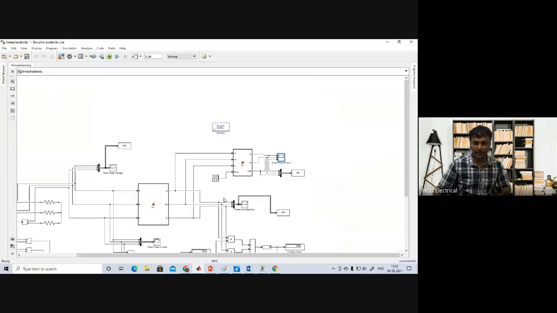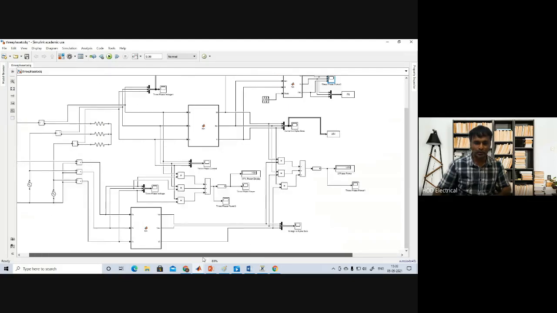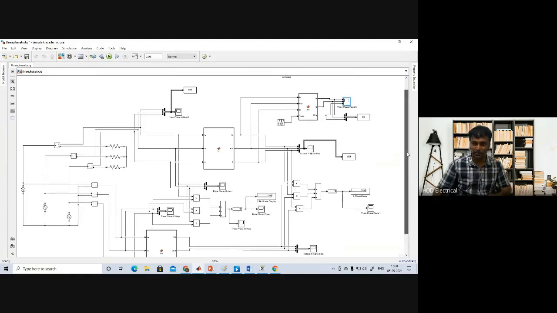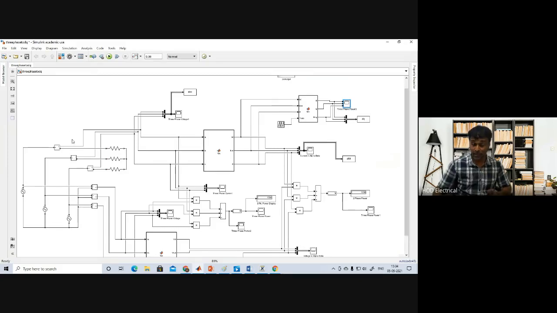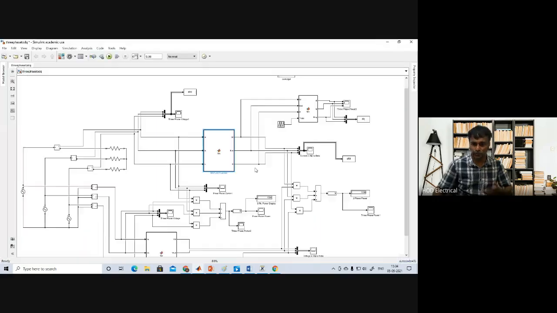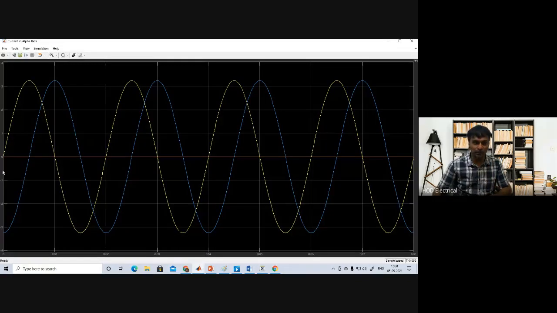Already in the previous lectures I have explained how I am taking the three-phase supply to the resistive load, and taking the current, which I connect to the current measurement. I am using this conversion matrix, I alpha, I beta, I 0, which we have already derived. From this we have come to know that these sine waves, alpha starts at 0, and beta here will be lagging by 90 degrees, right?